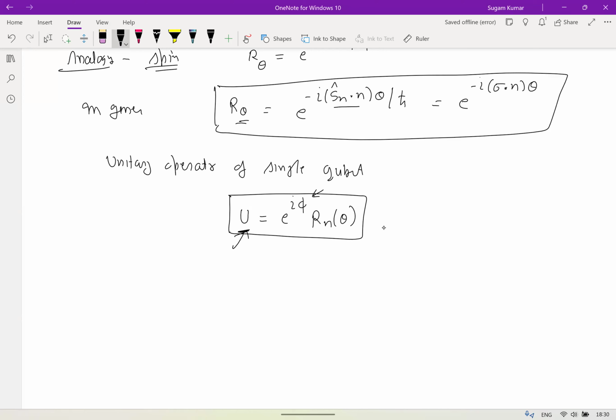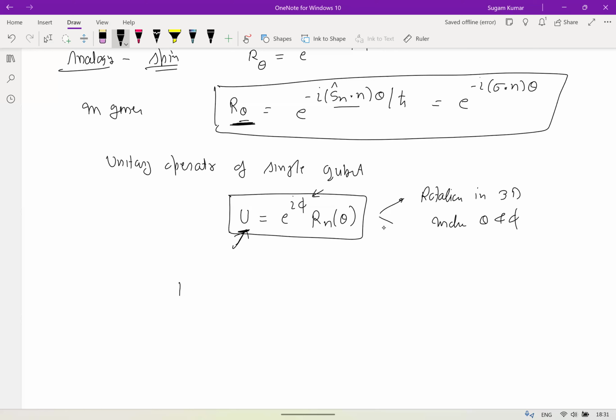So if you want to rotate also in the phi direction, this includes the rotation in 3 dimensions, including theta and phi. But what I'm telling here is only about the rotation along one axis, theta. And now you can see these are the unitary operators, and from there I can make different types of gates.